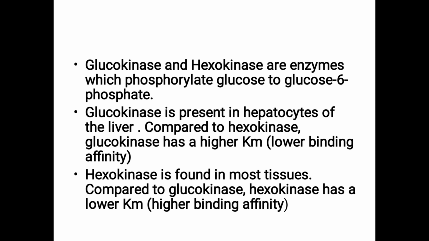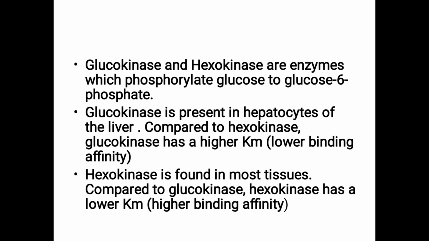Hexokinase is found in most tissues, glucokinase exclusively in the liver, in hepatocytes. Compared to hexokinase, glucokinase has a higher Km value and lower binding affinity. So the Km value of hexokinase is low compared to glucokinase.